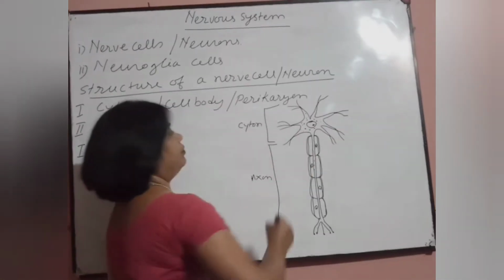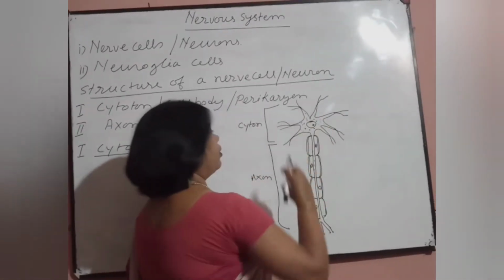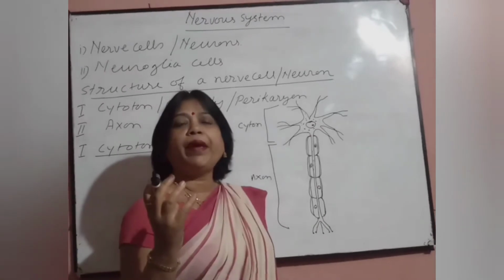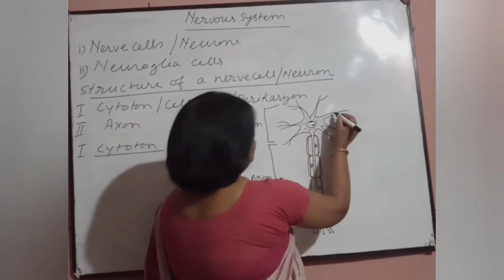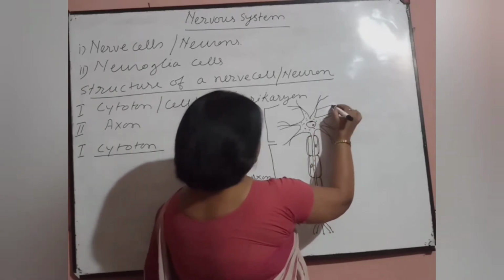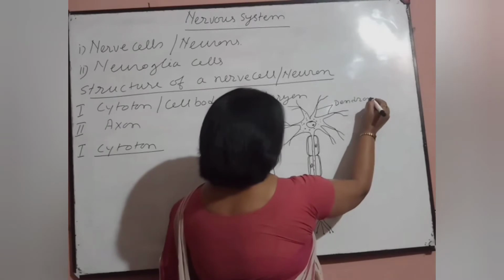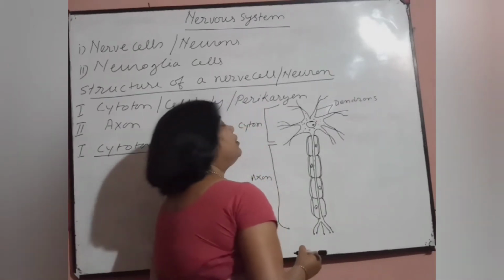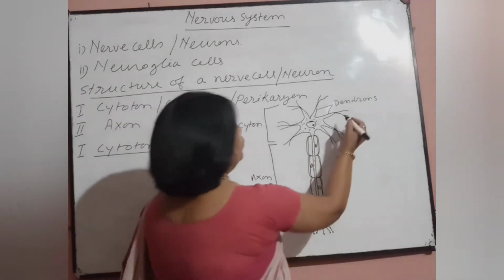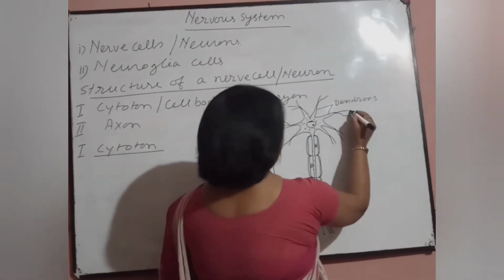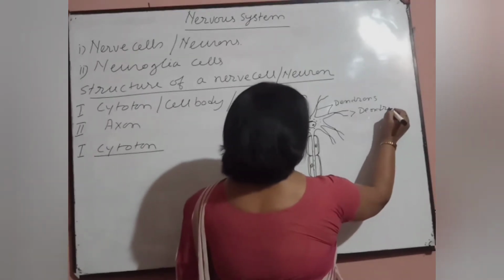The cytone, or the cell body, consists of many structures. The cytoplasmic projections are known as dendron. The dendron ends into fine fibers known as dendrites.